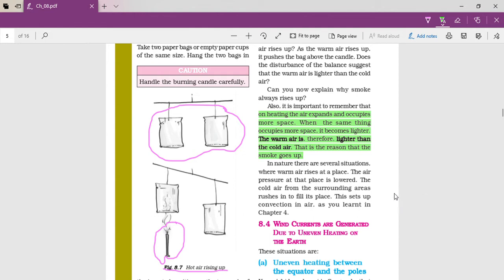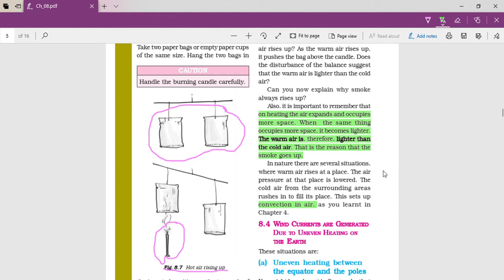It should be noted here that in nature, warm air rises at a place due to the heating by the sun. So the air pressure at that place is lowered and the cold air from the surrounding areas rushes in to fill its place.